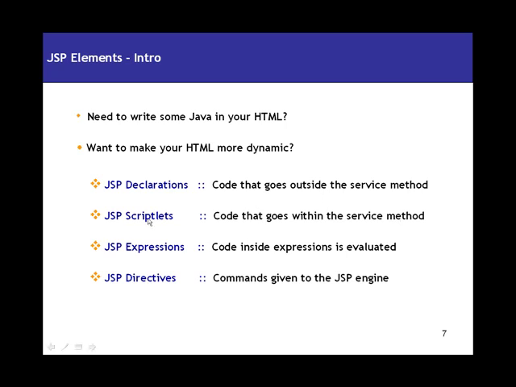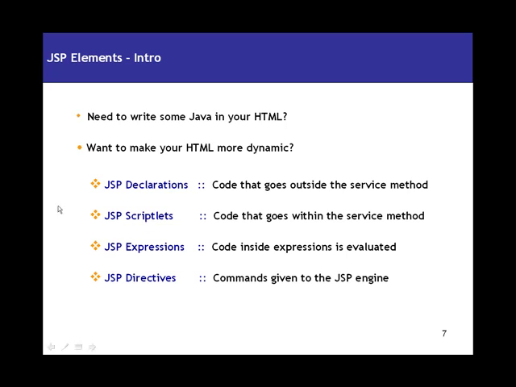Similarly, even in JSPs, whenever you want to add some Java code, most of the time you will be adding some kind of business logic in your JSP page, right? And all your business logic would go in the service method, because for every new request the service method will be invoked, and you want this particular code to be executed whenever a new request comes to the JSP page, right?